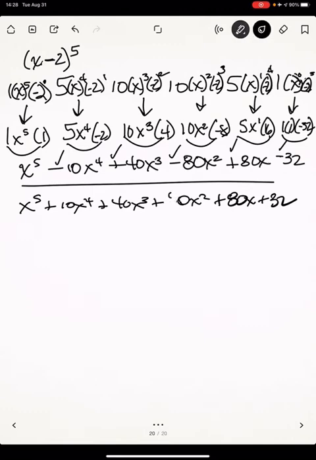Now, if you remember what I said, guys, if you have a binomial that has a negative term in it, you're not going to have all positive answers. All your terms are not going to be positive. You're going to have an alternating pattern. So you can go ahead and eliminate that answer choice, and vice versa. You're not going to have all negative. Just because you have a negative binomial, you're not going to have all negative numbers.